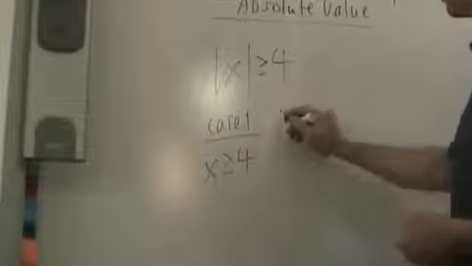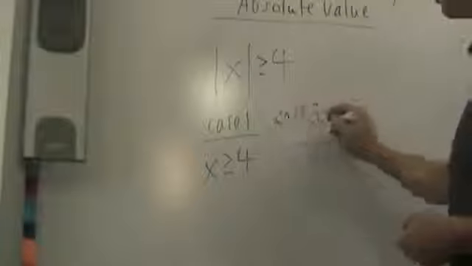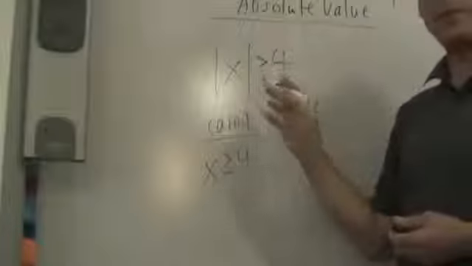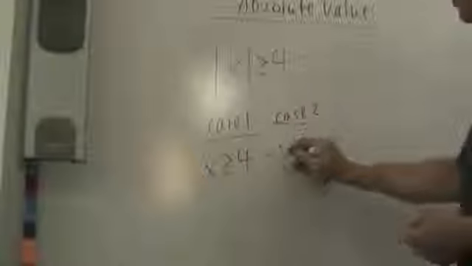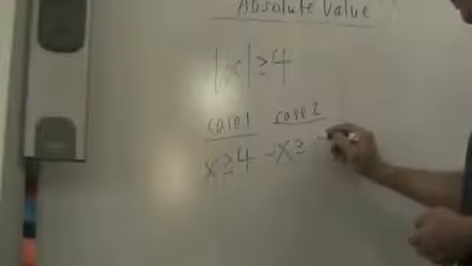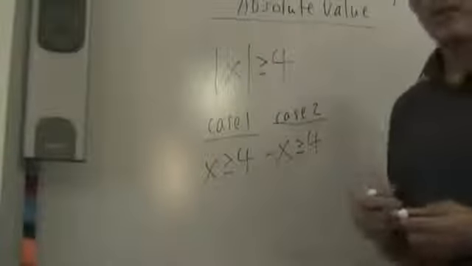It could be just plain old x, case 1. And so that would mean x is greater than or equal to 4. But case 2, this thing could be the opposite of that. It could be the opposite of x is greater than or equal to 4.